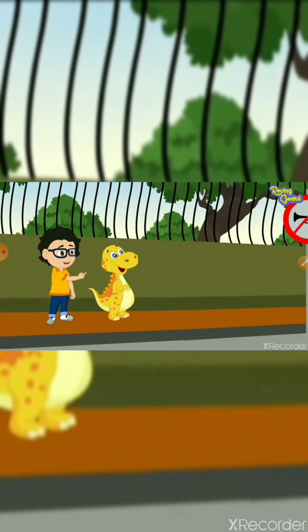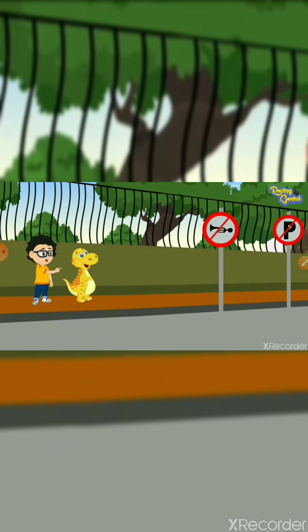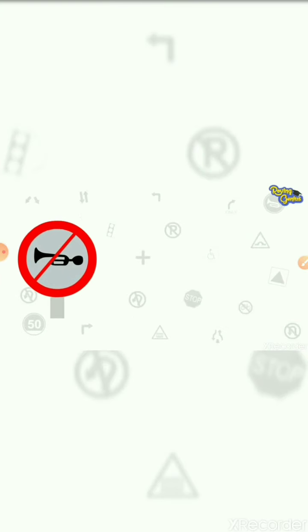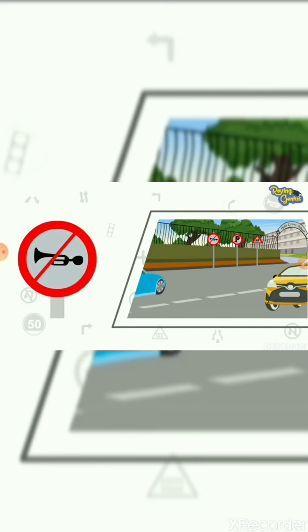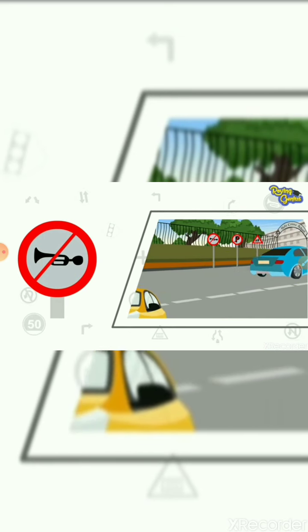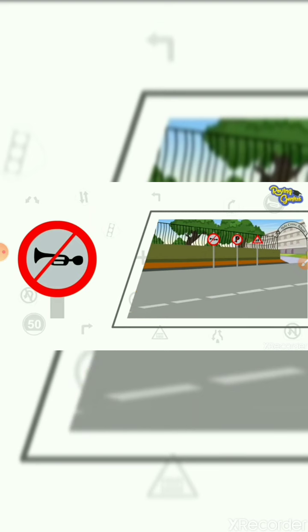What does that horn and capital P sign with a strike and a sign indicate? That horn sign with a strike indicates that you should not honk unless it is necessary.